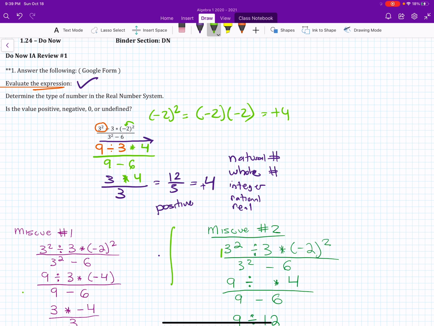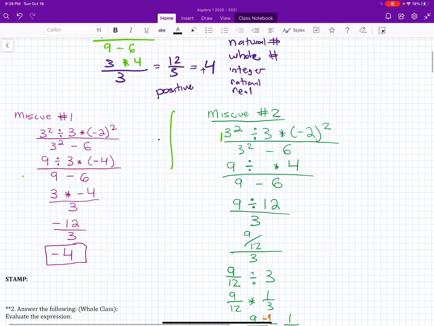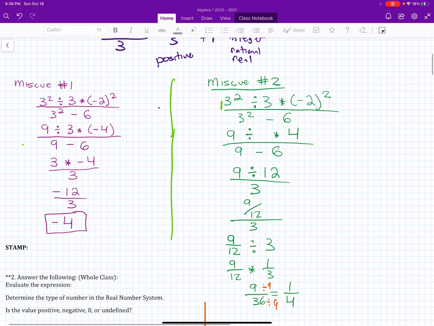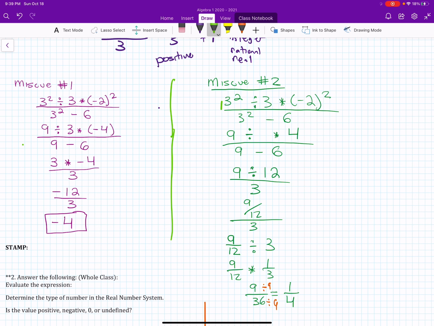Here are some major miscues some students may have been making over the course. If we just give you all 30 seconds to look at this, we revisit this from today's class. We discussed that when we have a value being squared, the whole thing is being squared, not just the 2, the negative as well. So it won't be negative 4, it would be positive.